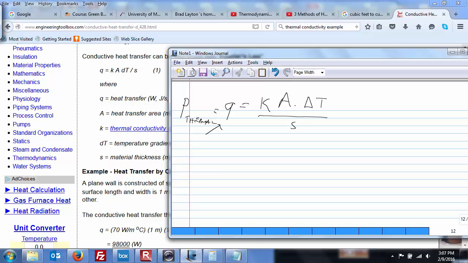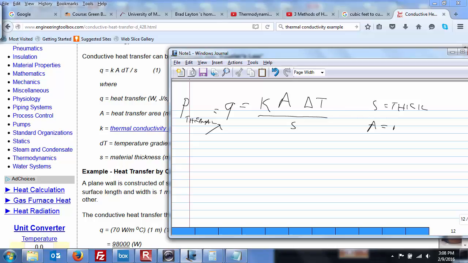What else drives this thing? Well, the bigger the wall, that's how much area, the more heat transfer you're going to get. The thicker the wall, material thickness, the less, because it's just going to take longer for that heat to get through there. And then the material is going to count too. So think of the thickness, that's like a geometry issue.